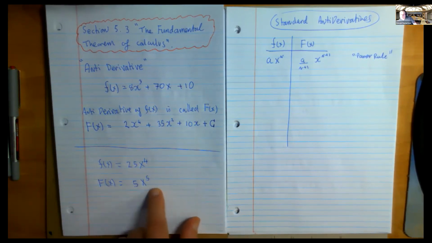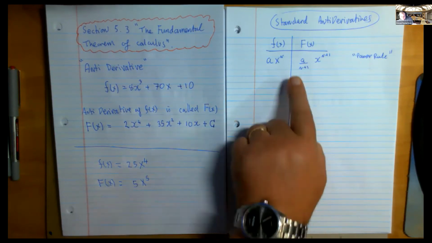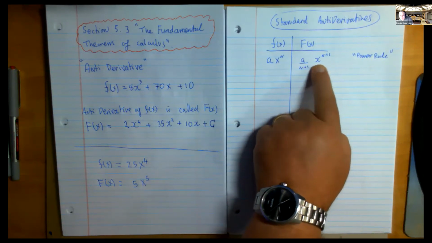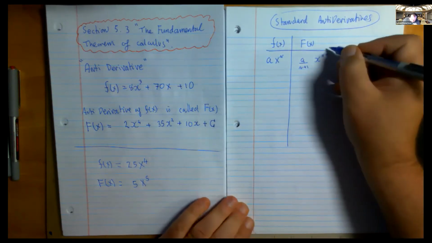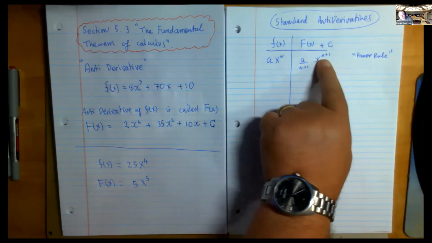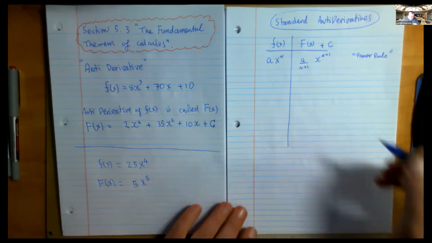Can you see that that works? Now check it. Differentiate that. Don't you get this? You know it works. So if you want to find the antiderivative of any power, 5x cubed, 7x to the 4, that kind of thing, add 1 to the power, divide by the new power. So I don't have to keep saying it, can I just say plus c up here? That way I don't need to keep writing plus c for all the others.